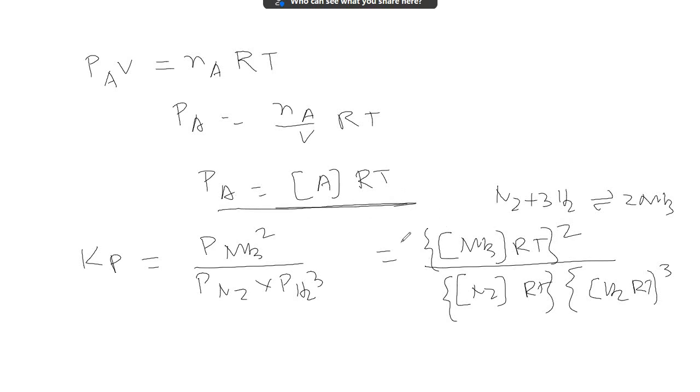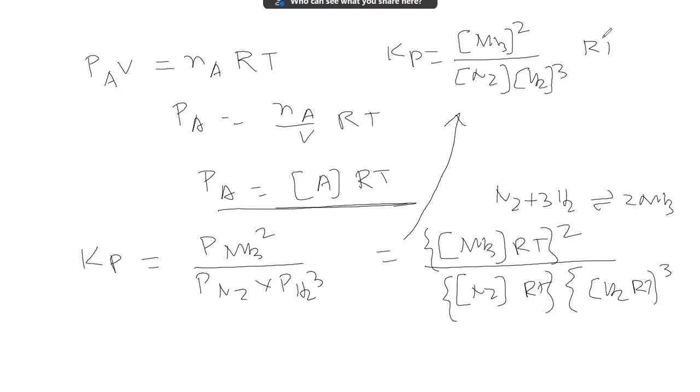On replacing all these values, look at the arrow, I am writing it over here. Kp equals [NH3] square over [N2] into [H2] whole cube into RT to the power 2 minus 4.